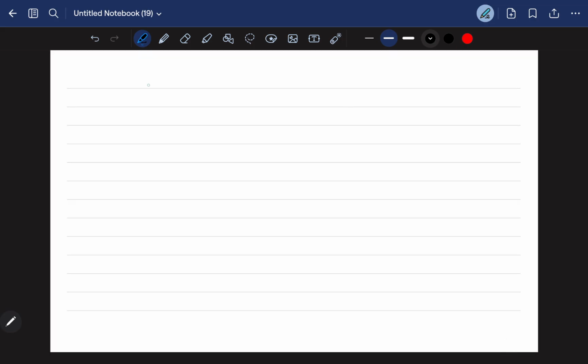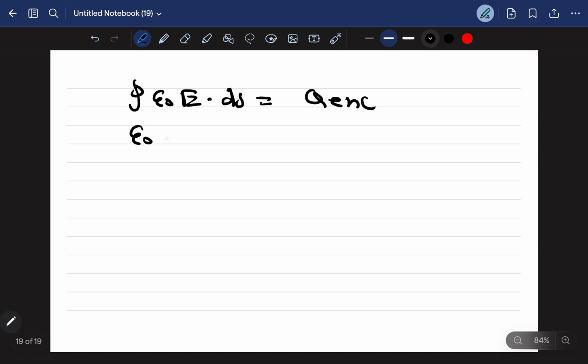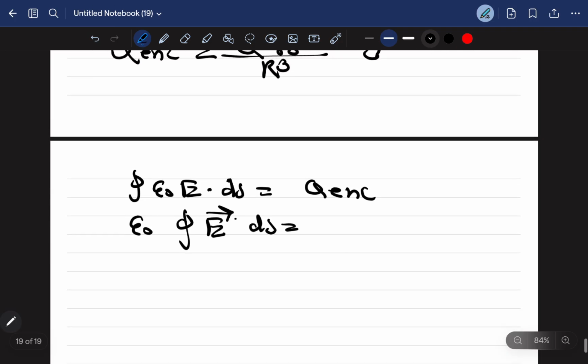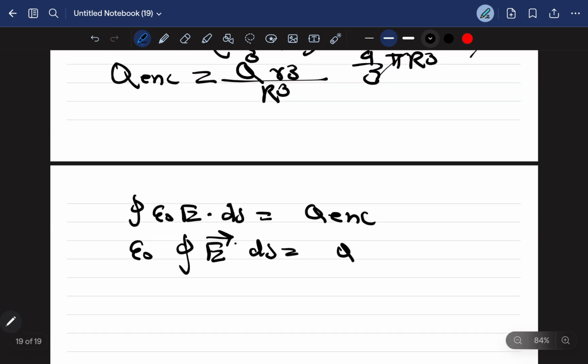So next, go to next slide. Now we are putting epsilon naught into E dot ds equal to q enclosed, we know. So now epsilon naught, we are taking out the constant, E dot ds equal to, what is the value of enclosed charge?